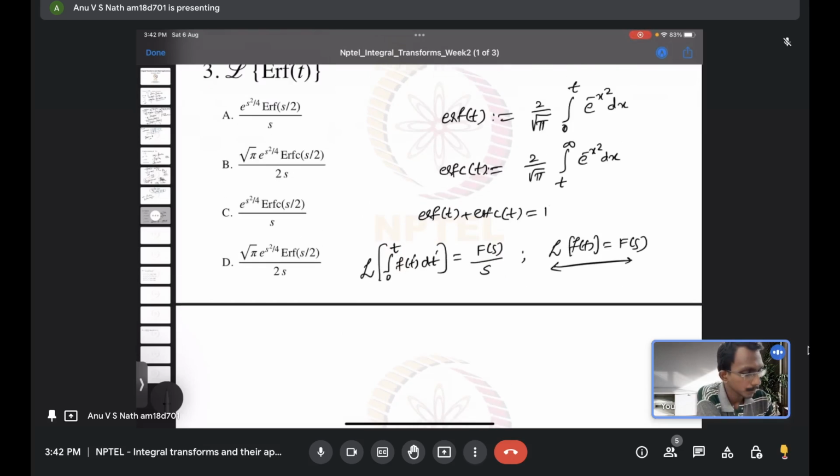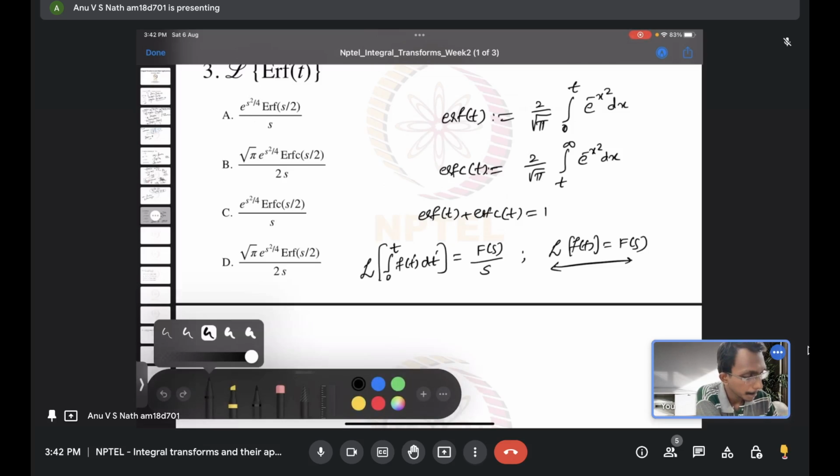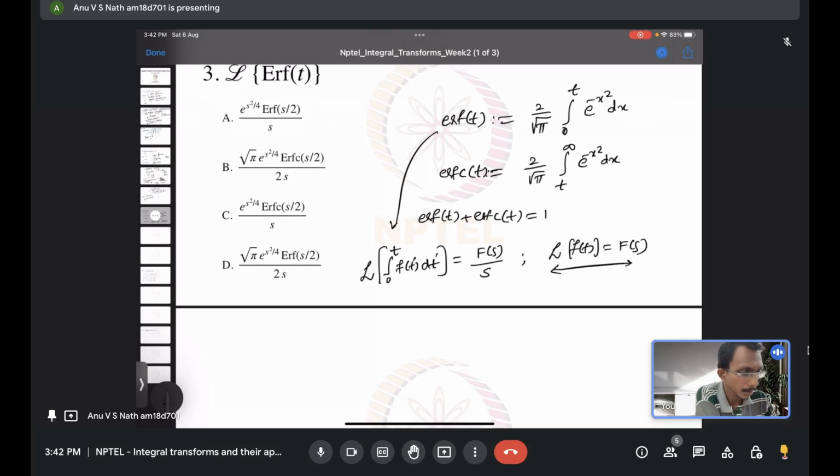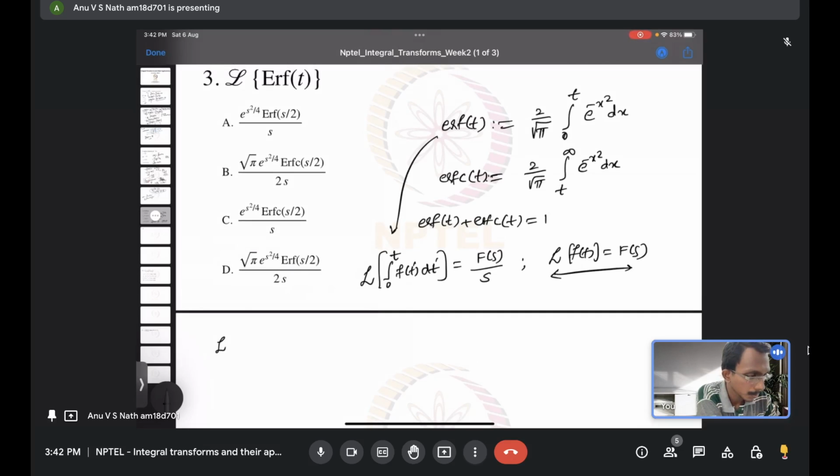Here the function f will be e raised to minus x square, because by the definition the error function is actually an integral. So the Laplace transform of the error function, which is square root of 2 by pi times the integral from 0 to t of e raised to minus x square dx. The constant 2 by square root of pi we can take outside. Then it's just the Laplace transform of an integral from 0 to t of e raised to minus x square dx.